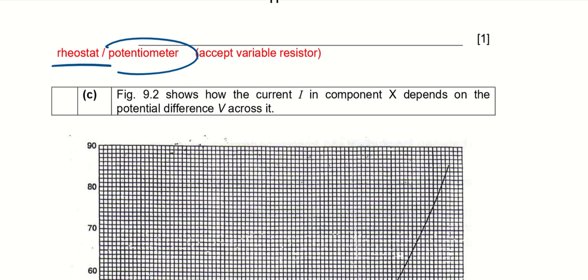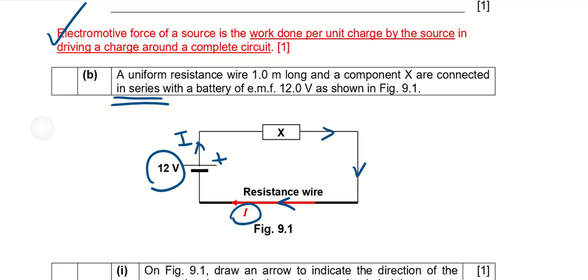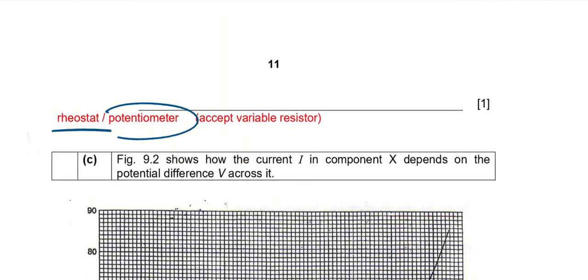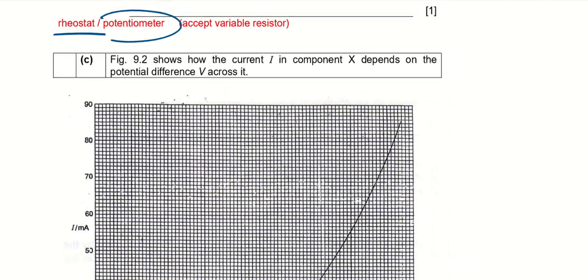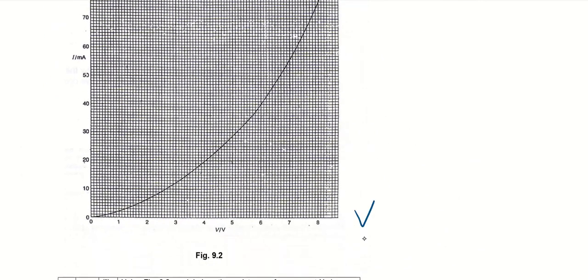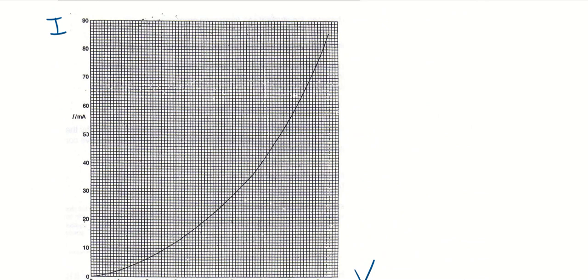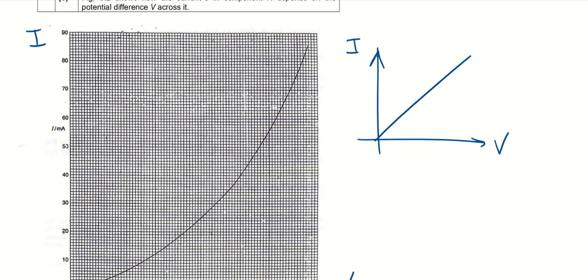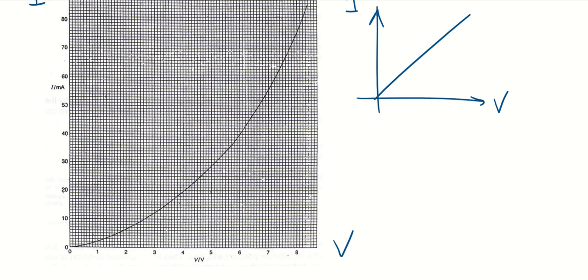Now, figure 9.2 shows how the current in component X, this one, depends on the potential difference V across it. So this is an IV graph, and we see that it is not a constant ratio. For an ohmic conductor, the IV ratio is a constant ratio, it's a straight line, but over here it is a curve. So the IV ratio actually represents 1 over resistance.